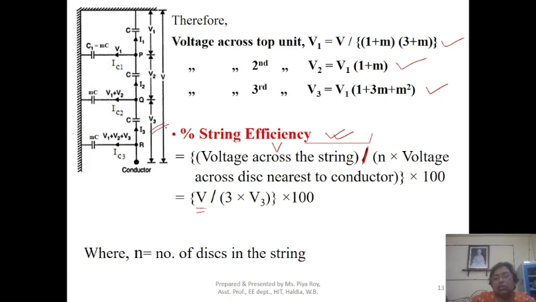The voltage nearest to the conductor is V3, and if we want to represent the string efficiency in percentage, just multiply the value by 100. So we have some value in percent. And again, n is the number of discs in the string.